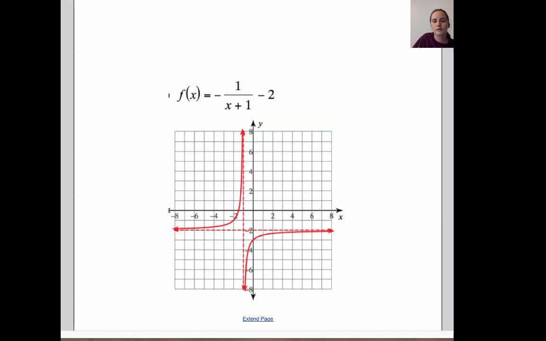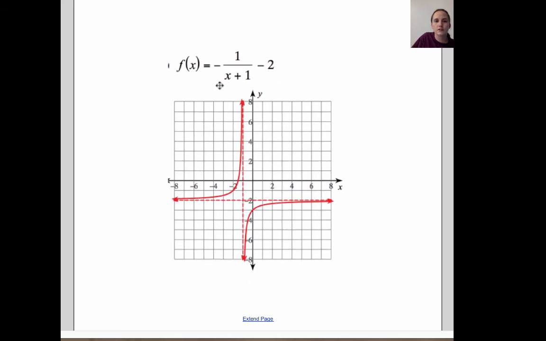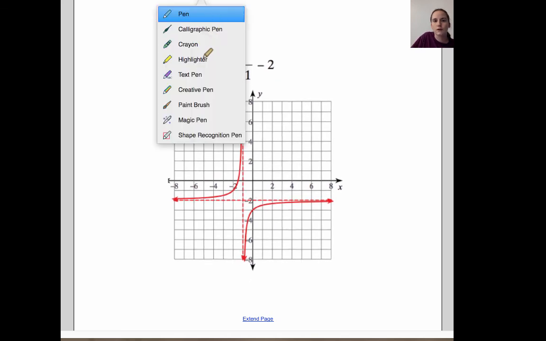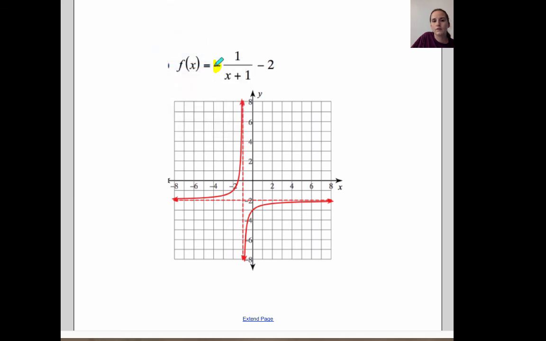All right. So there's a negative out front here, so that negative tells you that there has been a reflection. All right.